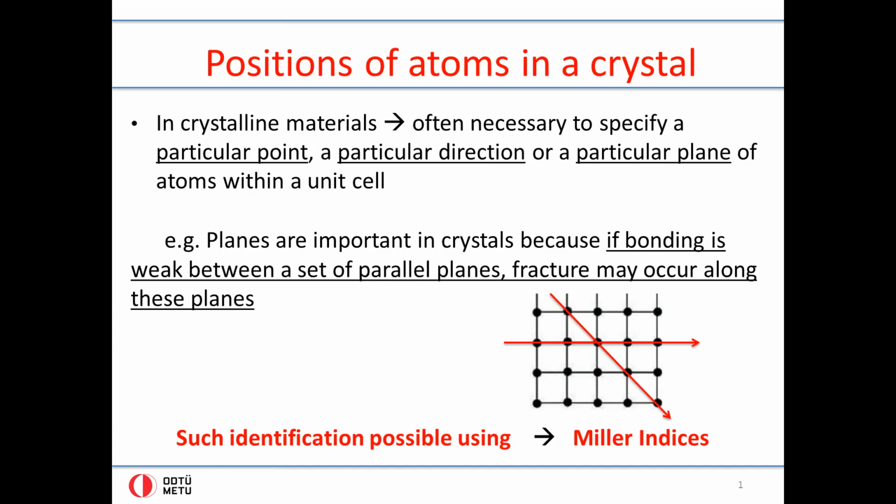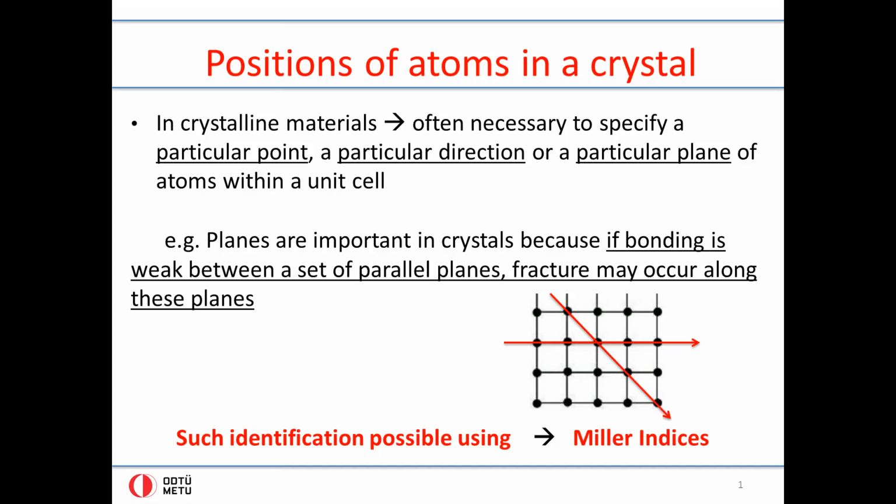The line or the direction moving from one atom to another, so through a sequence of atoms, would be a direction, and a two-dimensional version of that would be a plane of atoms. So then you might say, why is this important?